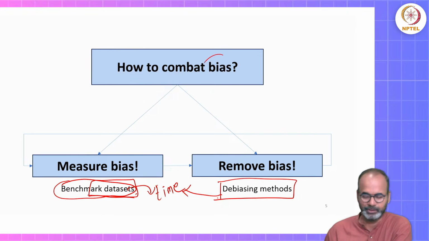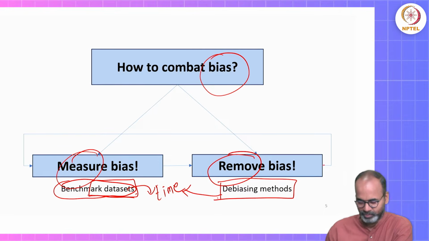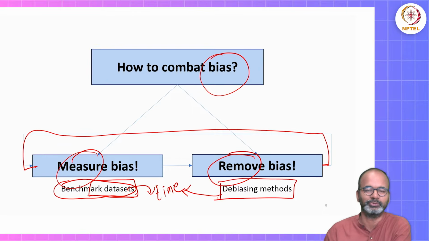So the idea is, I want to remove bias, can I measure it first, then can I remove it, and once I remove it, can I go and measure it again to see how the debiasing methods have worked on the bias status in the models.